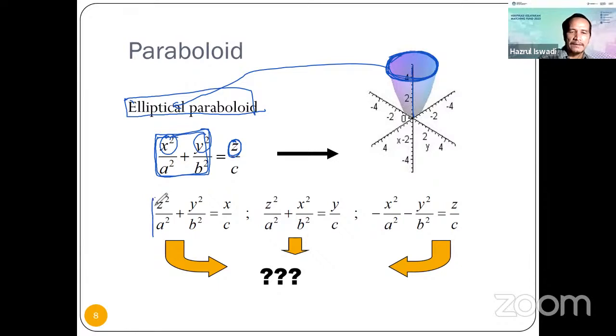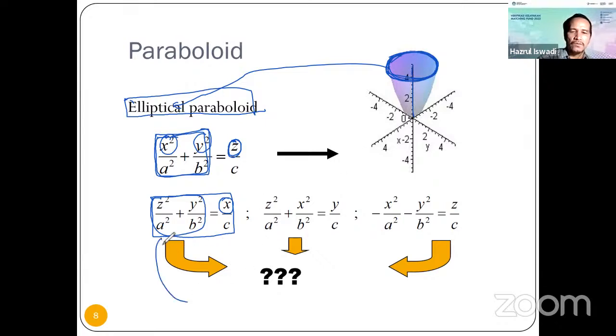For example, in this equation, x is the axis, and the penampang is the ellipse in the YZ plane.